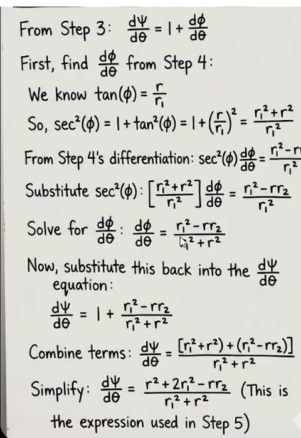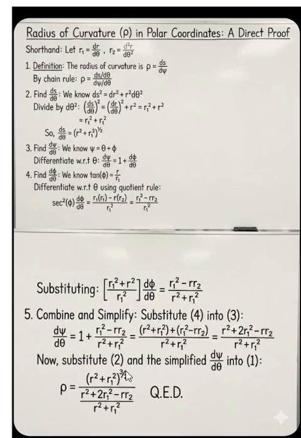And we actually want d psi by d theta, so substitute back into this equation, and after substituting the same, you can get the final result like this, rho is equal to this one.